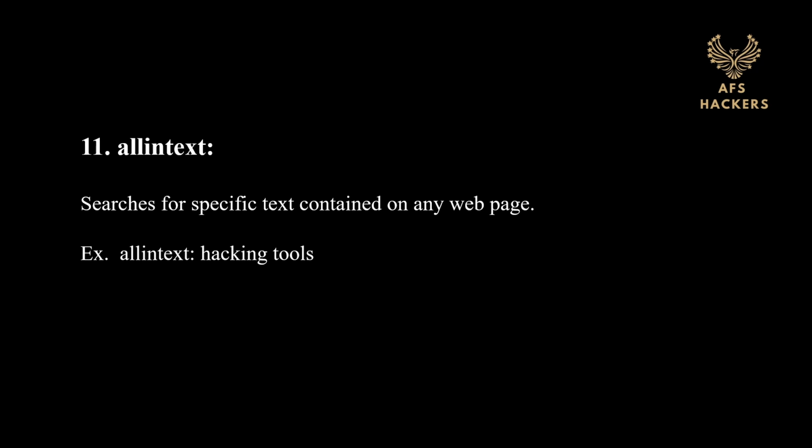Filter number 11 is allintext, and it searches for specific text contained on any web page. It is similar to the intext filter. For example, allintext:hacking tools. Google will display all the content related to hacking tools. You will get a whole lot of results. We'll see this in practical.